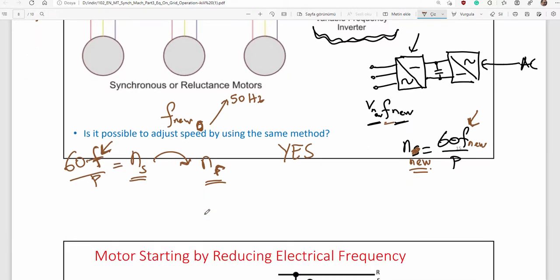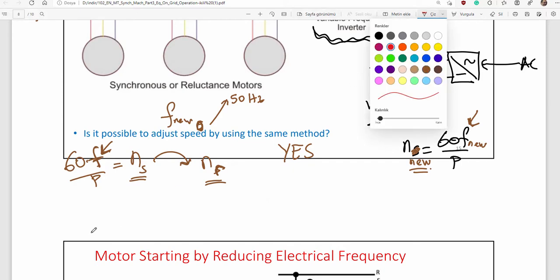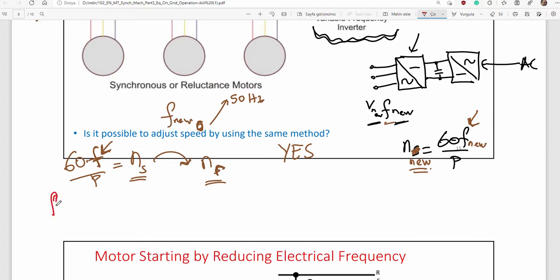But again, you like this method, for example, machine speed, let's say F nominal is 50 Hz, and then you want to increase speed by changing frequency, let's say to 100 Hz. Is it possible?